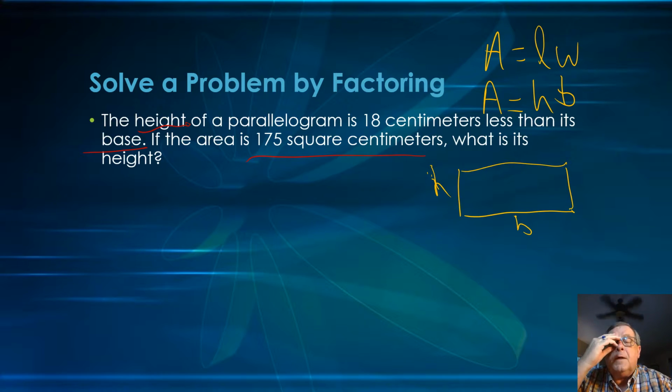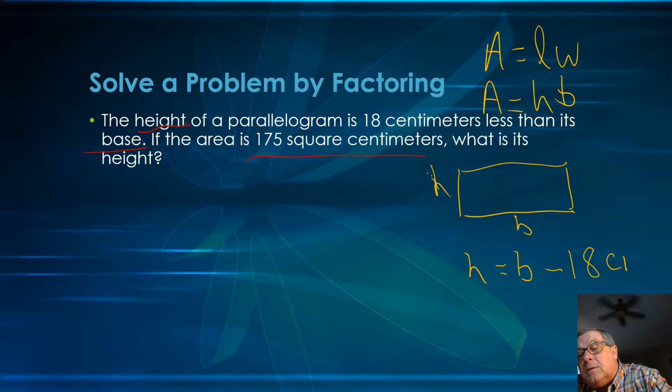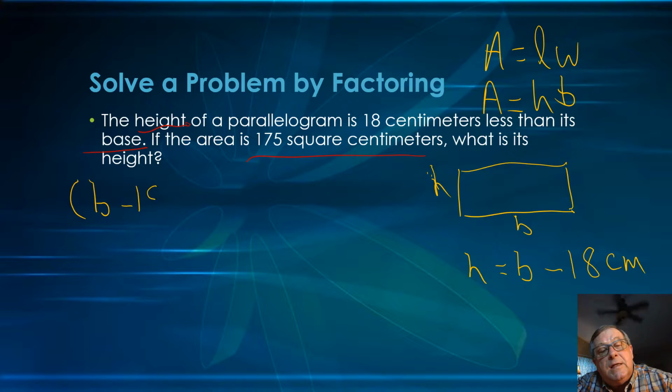Now let's go back to see what they told us. The height is 18 centimeters less than its base. So the height would equal the base minus 18 centimeters. And the area is 175 square centimeters. So we could set this up as the height, which we now know as B minus 18, times the base, which is just B, and that equals 175.